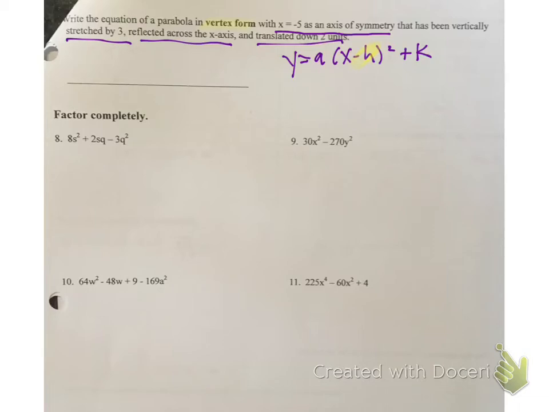So minus a negative 5 would be plus 5. Vertically stretched by a factor of 3, so my a value is 3. Reflected across the x-axis, that means it's a negative. And then down 2 units, so minus 2. So y equals negative 3 (x plus 5) squared minus 2.